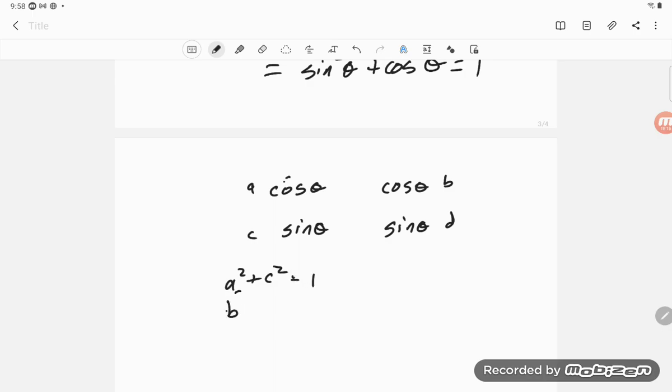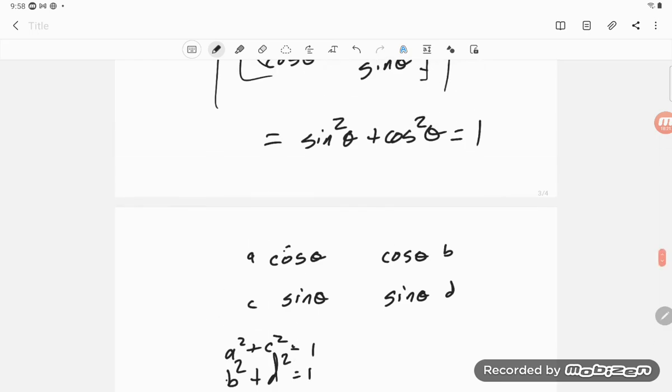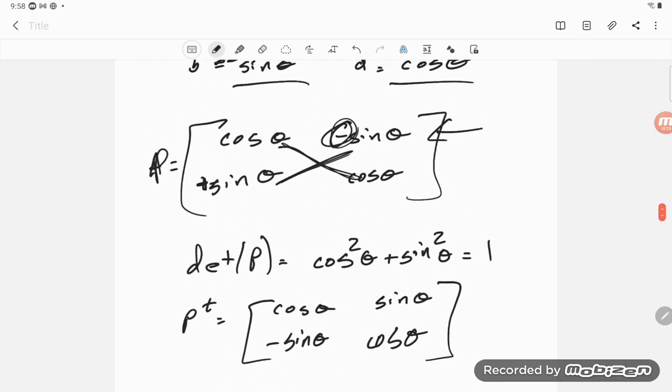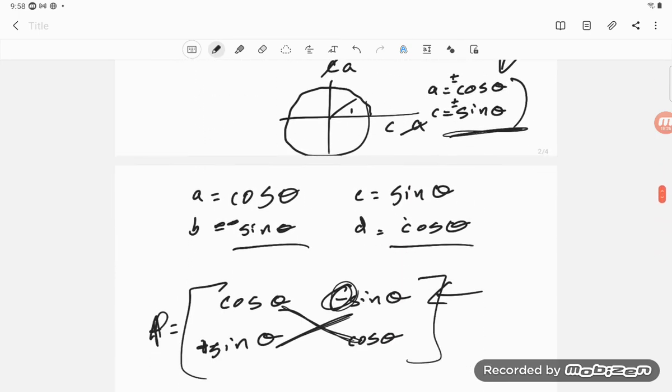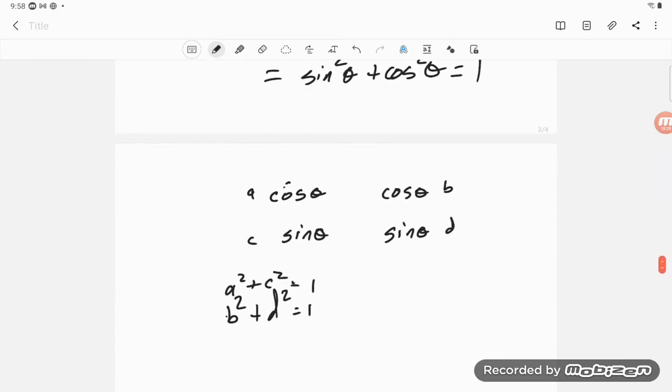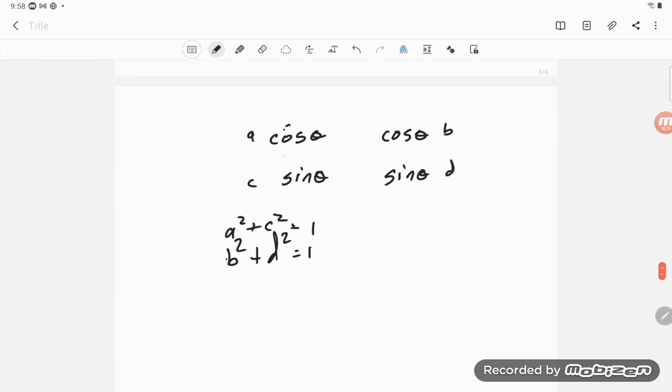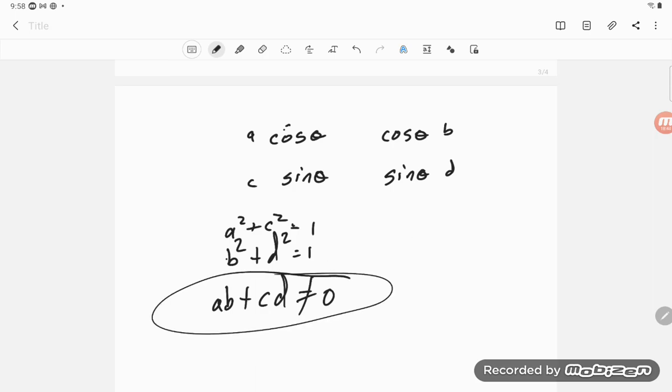We still have b squared plus d squared equals 1. And what was it? AB and CD. So if I take AB plus CD, here's our problem: that's not going to be 0 no matter what I do with negatives and so forth. So that's a problem if I try to do a matrix like this. That one's not going to work.